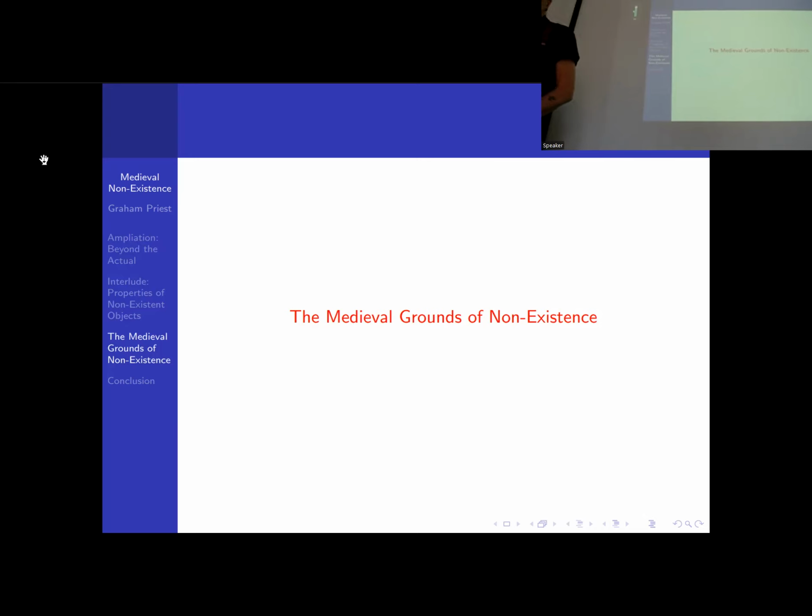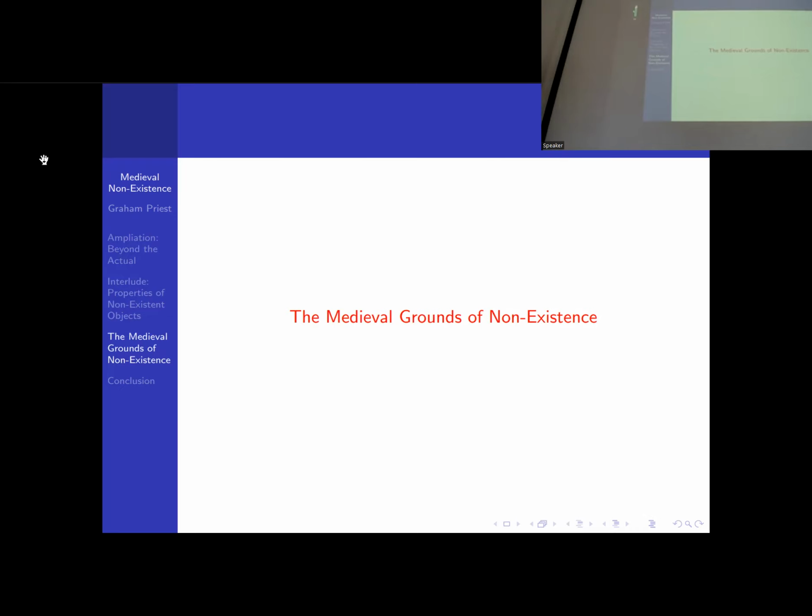And as you've seen, the medievals answered that in the case of temporal non-existence, but for possible and impossible non-existent objects, I don't think they have much to say about that. So I've extrapolated, but when you extrapolate, you get the view that I've described, which is modal monism, nullism.